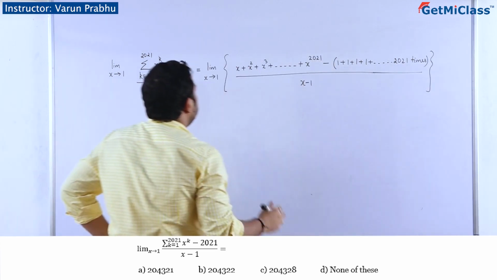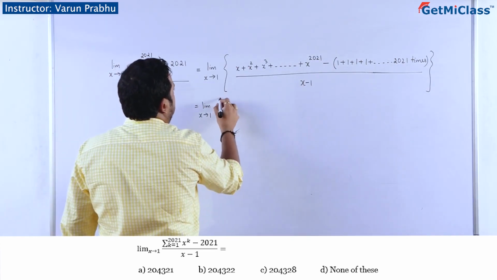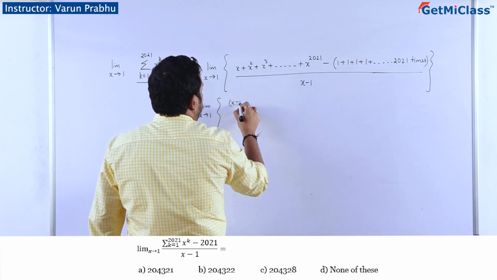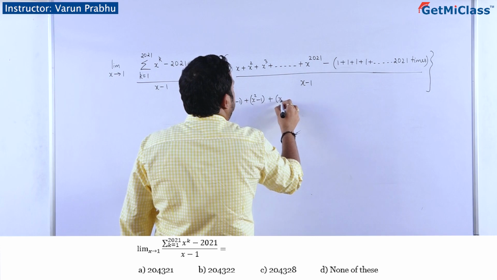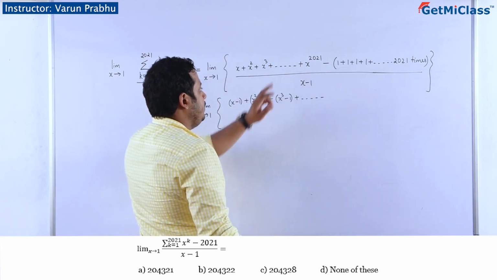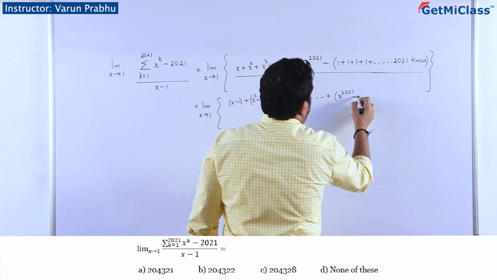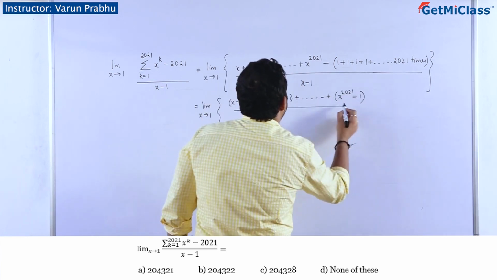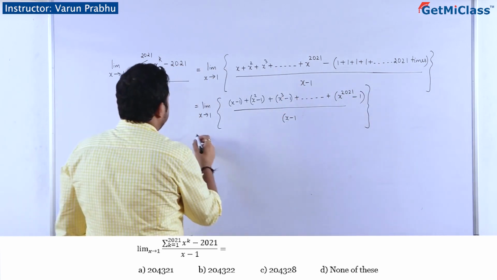Is it okay? So your answer to this question will be the limiting value of x tending to 1 of (x minus 1) plus (x square minus 1) plus (x cube minus 1) plus so on up to plus (x to the power 2021 minus 1), whole divided by x minus 1. I hope all of you can understand this.